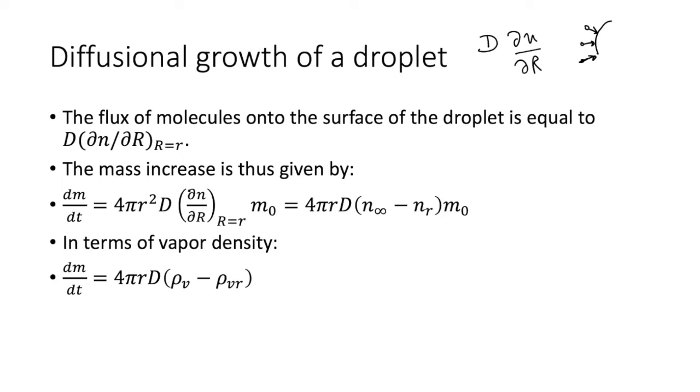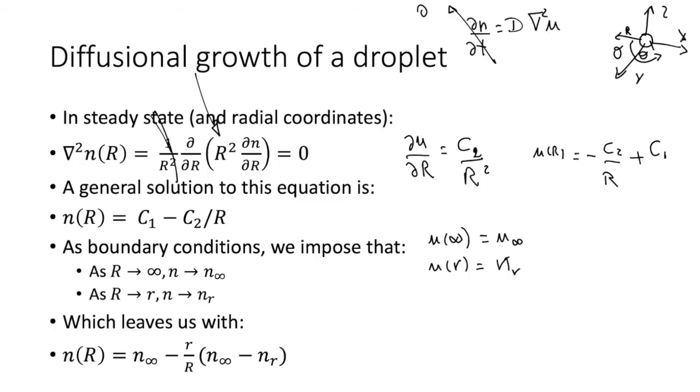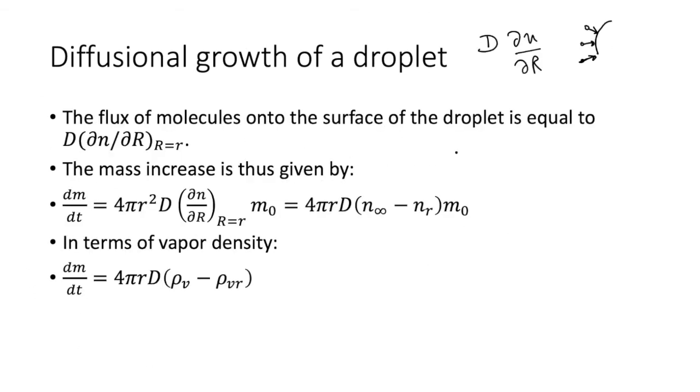Substitute, now we know what n looks like, so let me write it again. So n of r equals n infinity minus capital N infinity minus n of r.